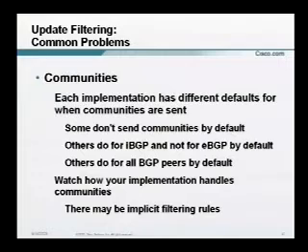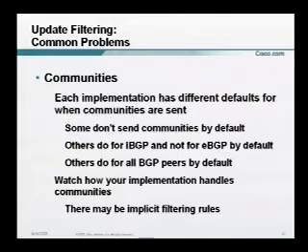Communities. A lot of ISPs are using communities. But it seems each implementation has different defaults for when communities are sent. Some don't send communities between peers at all. Cisco. Others do for iBGP and not for eBGP. Sensible. Others do for all BGP peers by default. You need to understand and watch how your implementation actually handles communities, especially if you're mixing different brands of router in your network.